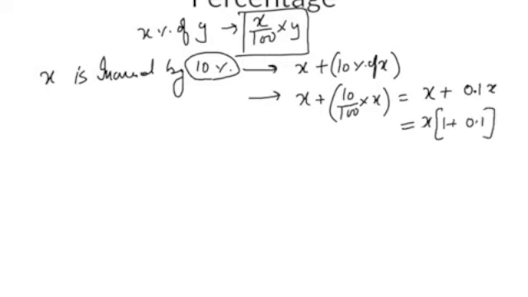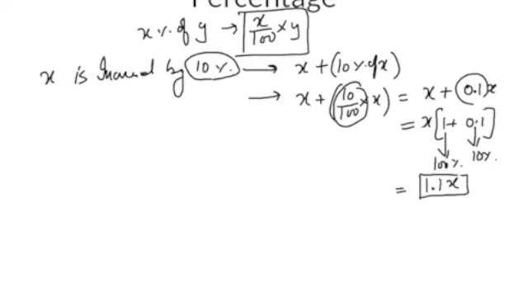Okay. So 0.1 actually means 10% and this is 100%. So it becomes 1.1 of x. So 1.1 means something has been increased by 10%.